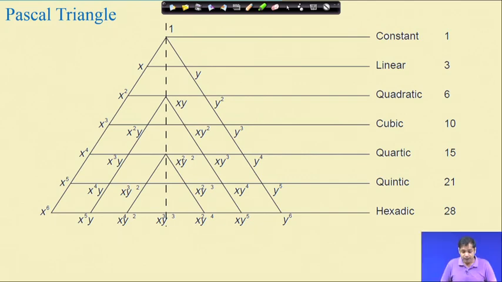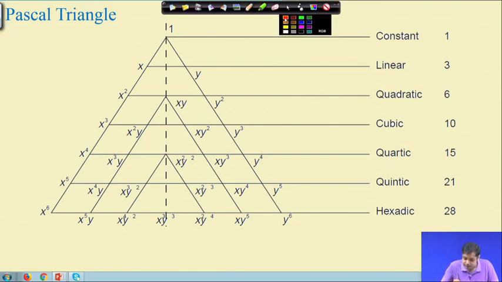It is given here in 2 dimensions, but a similar thing we can have in 3 dimensions. Now, it tells you that if it is constant, then of course you have just one constant term.